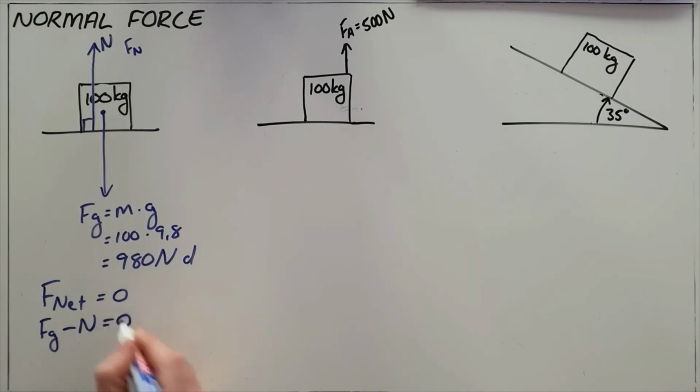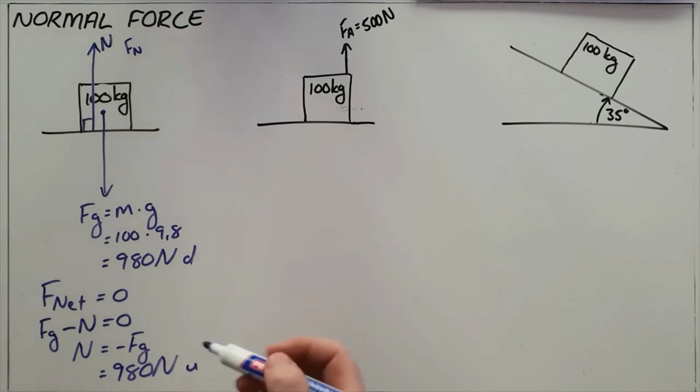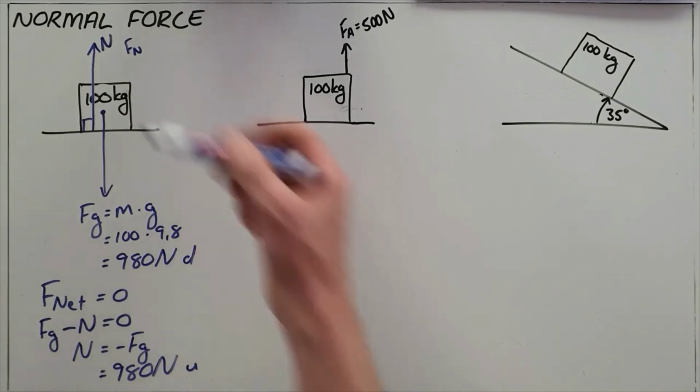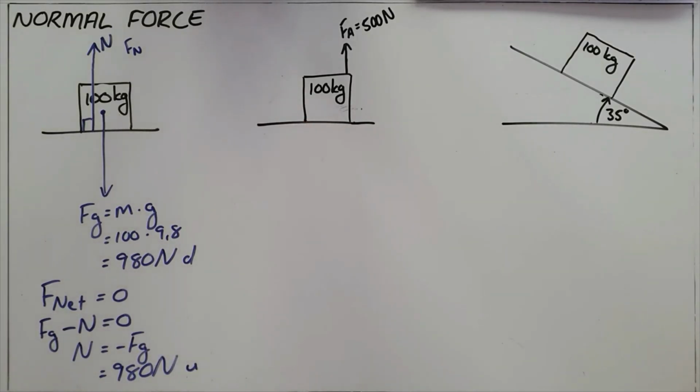Either way, what you find is that your normal force in this case is equal but opposite to the gravitational force. So in this case, the normal force must be 980 newtons upwards, which makes sense because it is opposing the gravitational force and stopping the object from sinking into the surface.